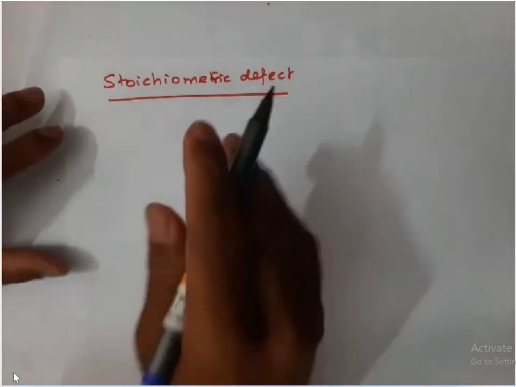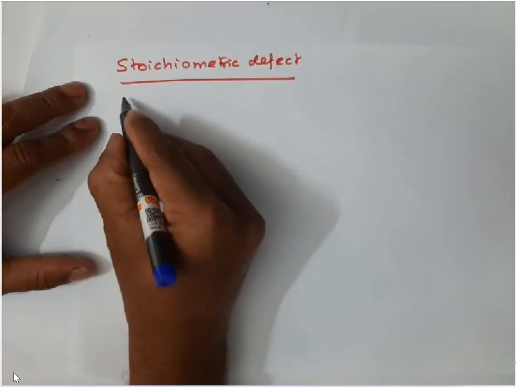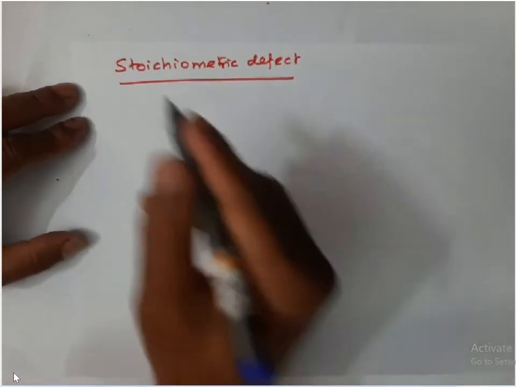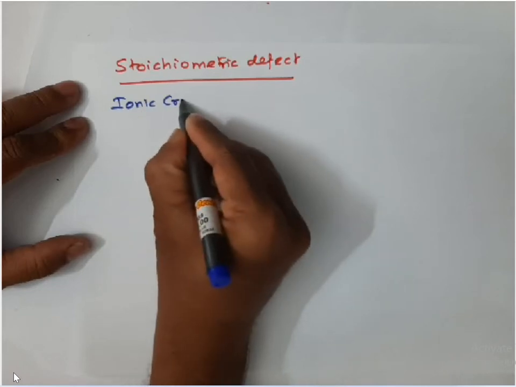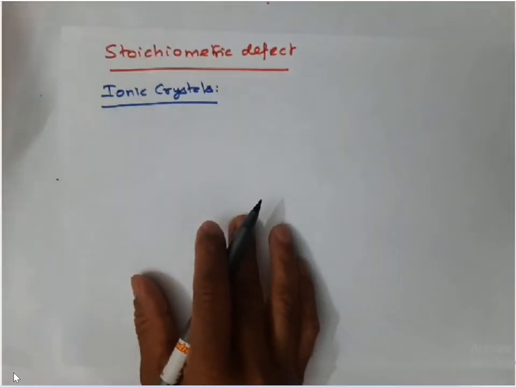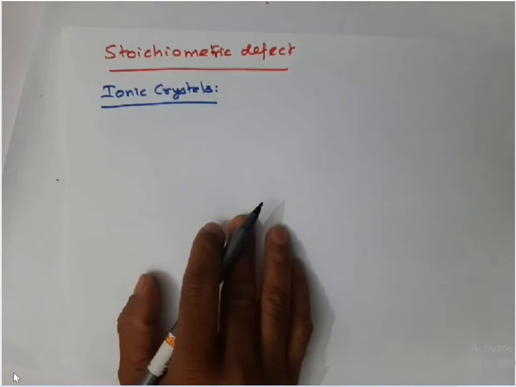In stoichiometric defect, we mainly have two types. Here I am going to focus mainly on ionic crystals. I am going to discuss all these point defects by taking ionic crystals as example. I am not going to discuss other types of crystals, covalent crystals, metallic crystals and all.